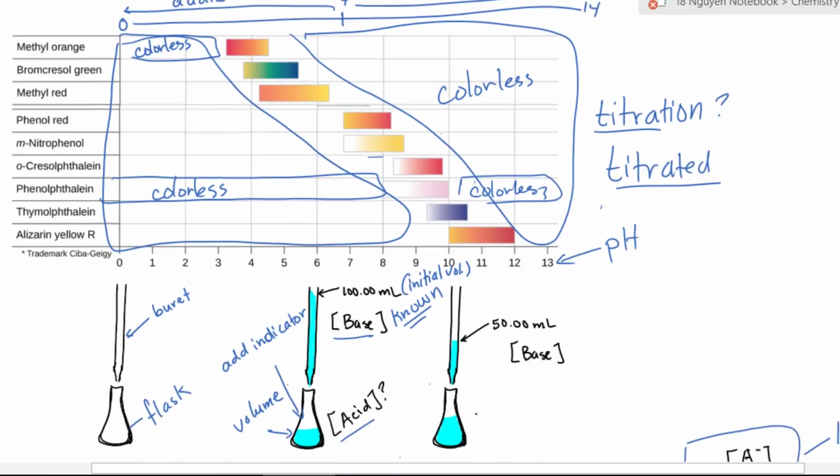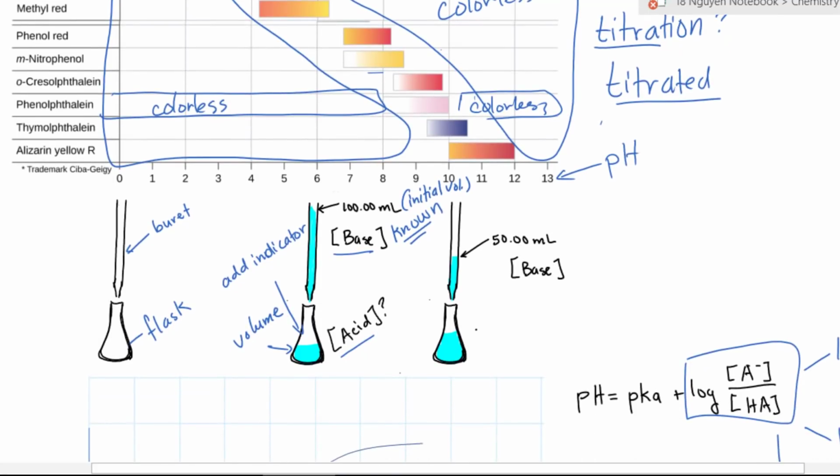Now, what's so special about this is basically when the color changes, assume that I use a specific amount of base with known molarity, okay? In this case, I use from 100 to 50. You see that change of volume right there?